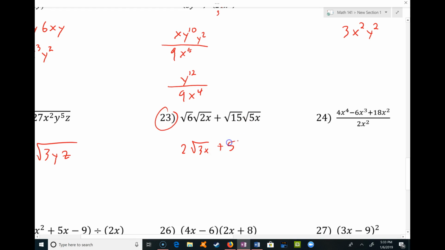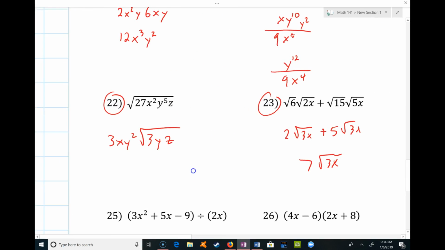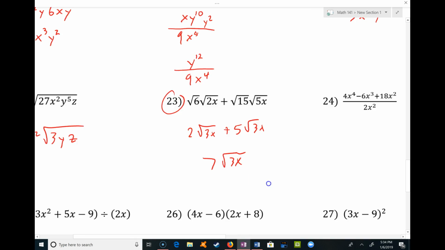And this is going to have a 5 square root of 3x, so that would be 7 times the square root of 3x. But again, we're going to talk about those in the third week, or the third homework. So we'll do a lot more of these in the future, but in case you do know what you're doing with these, you can check yourself.